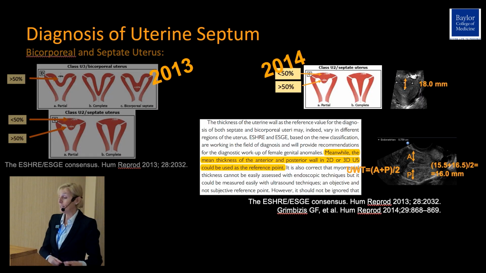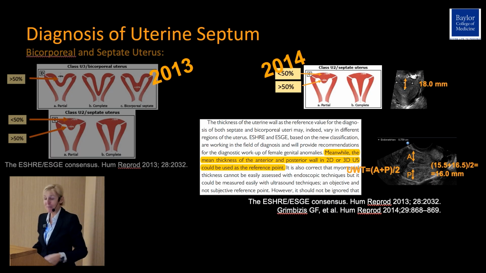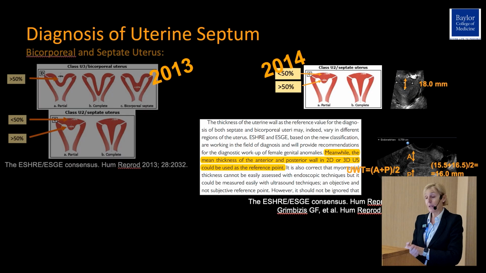So in 2014, they came out saying, well, maybe when you have this kind of situation, and I don't know if there's anybody from that classification task force, they came back saying, oh, well, maybe you can just use the anteroposterior diameter, you use an average, and then you calculate your 50% based on that. A little cumbersome to do, right, in daily practice. And so in 2016, they went back to the original classification.